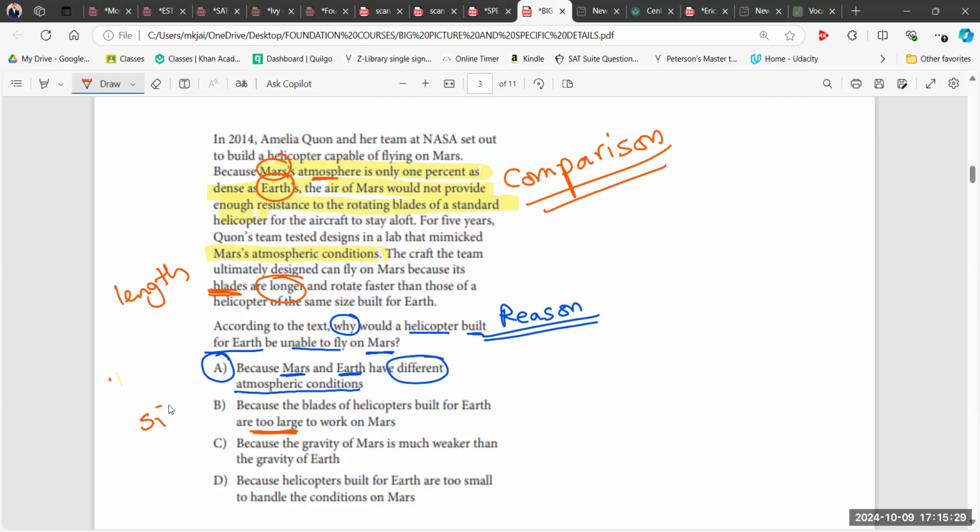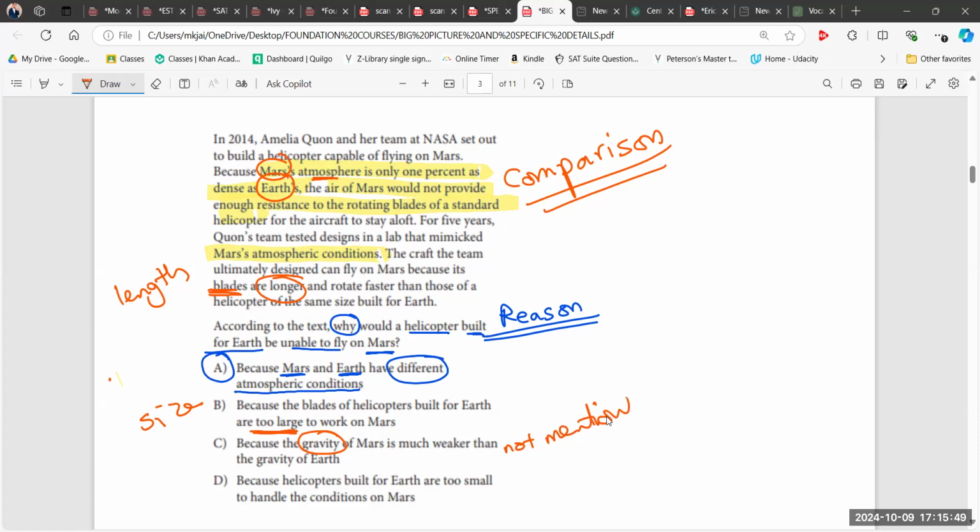Size, which is not the point, because the gravity of Mars is much weaker than the gravity on Earth. Is gravity mentioned in the passage? Ziad, no, don't waste your time reading. Okay, I will consider it not mentioned.